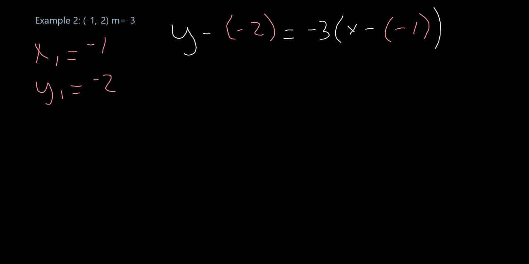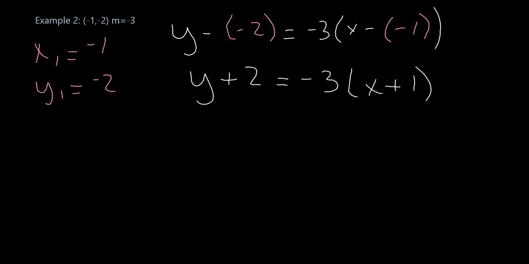Now we're going to simplify this problem. We have y minus negative 2. A negative times a negative becomes positive, so we have y plus 2 equals negative 3, and then in parentheses we have x minus negative 1. So negative times a negative is a positive 1.